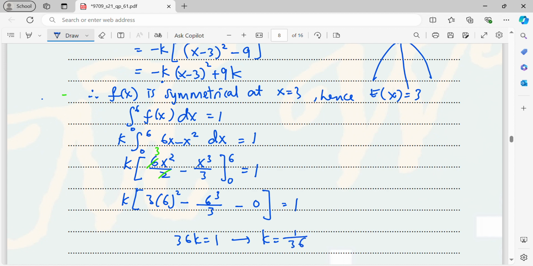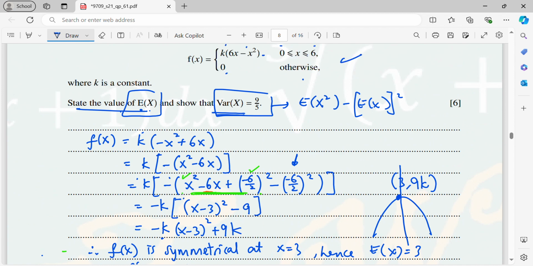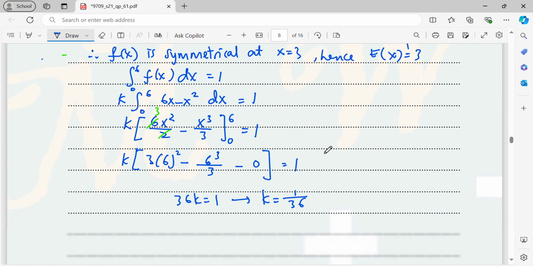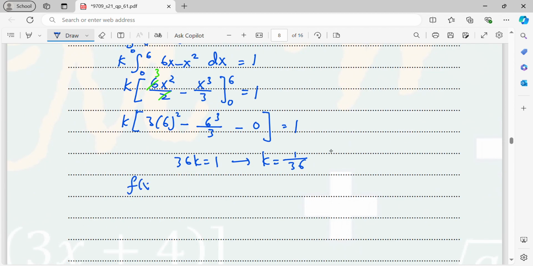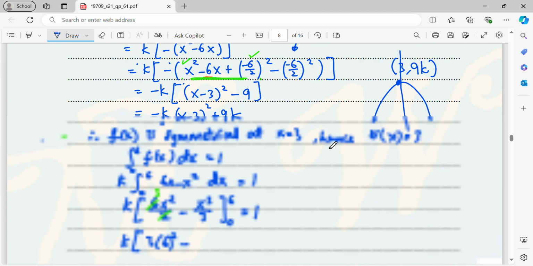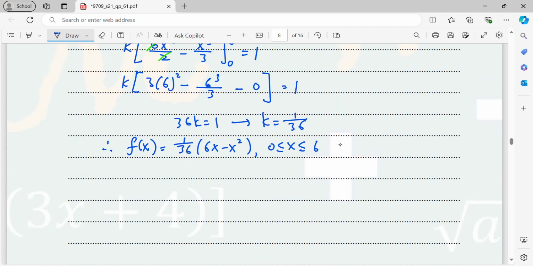Alright, so now with this k we can calculate the E(X squared). So now my f(x) is 1 over 36 times 6x minus x squared, where x is defined from 0 to 6. Now we need to calculate E(X squared), which is basically the integral from 0 to 6 of x squared f(x). This is the definition.